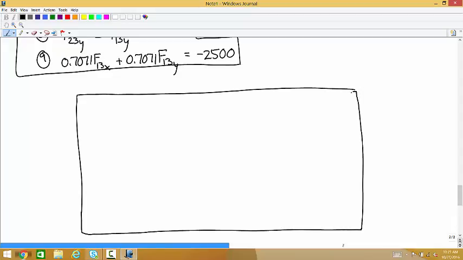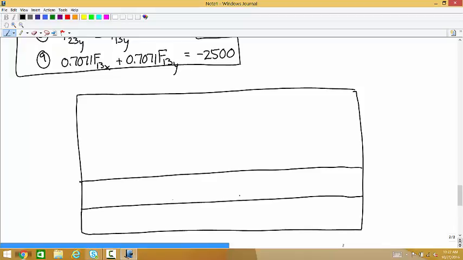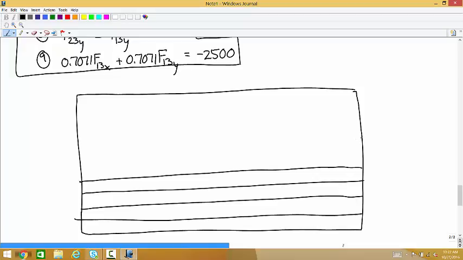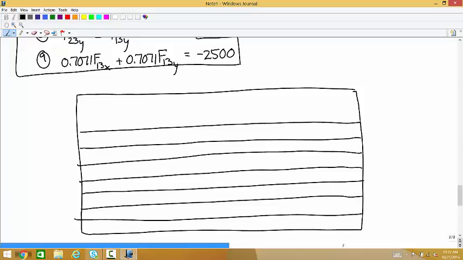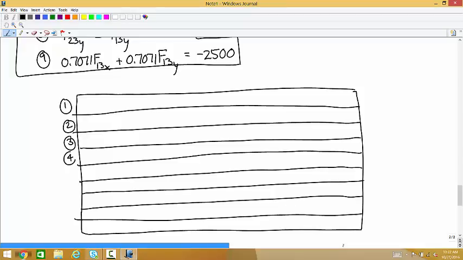Okay, so we need 10 columns, 9 rows. The rows are equation 1, 2, 3, 4, 5, 6, 7, 8, 9. And then we have 10 columns.